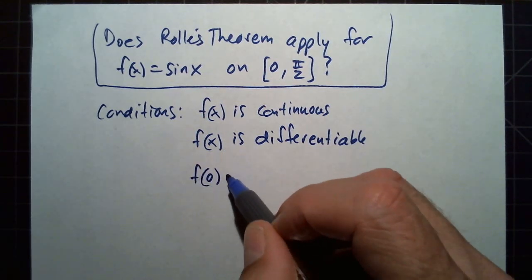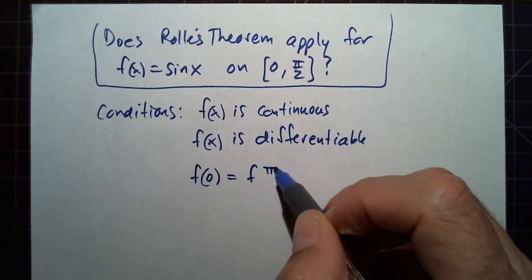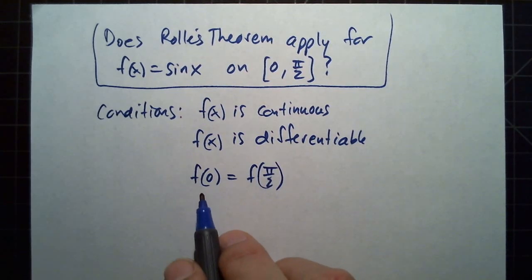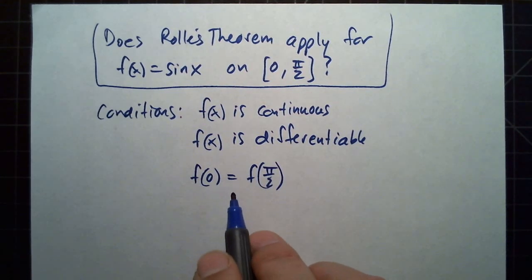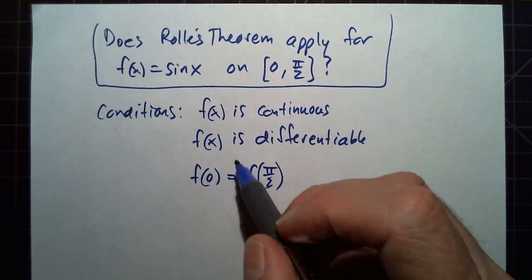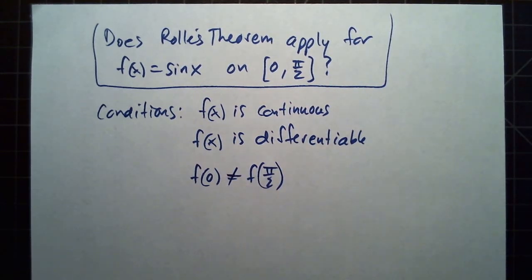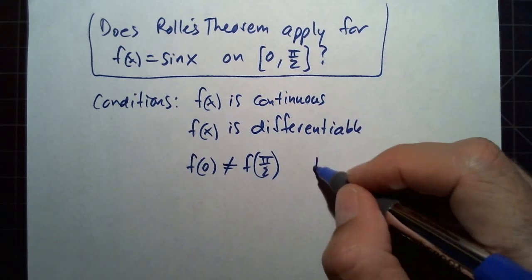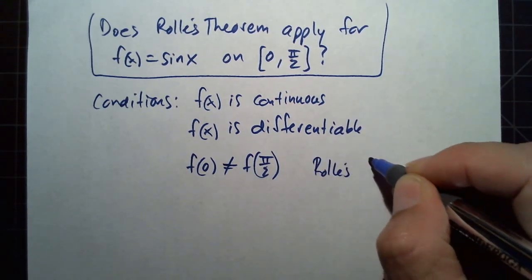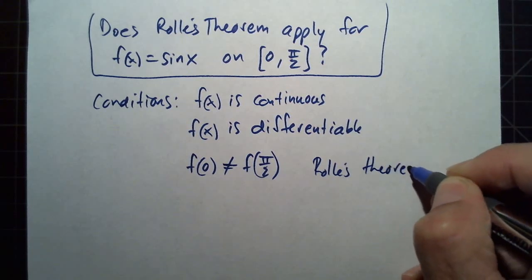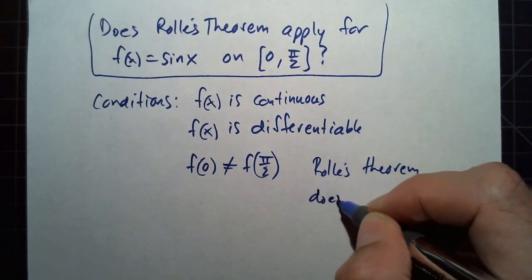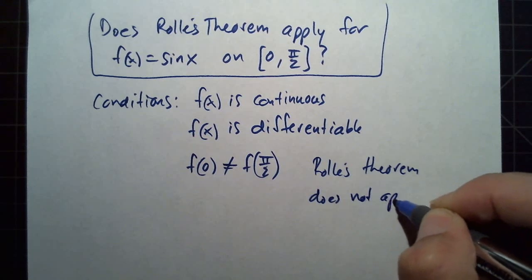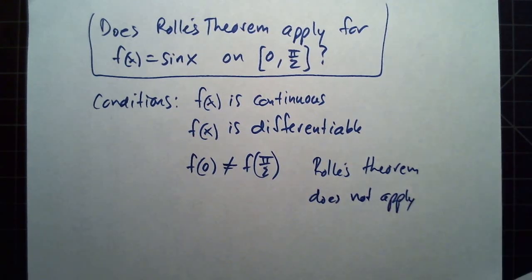F of 0 is equal to f of pi over 2. Sine of 0 is 0. Sine of pi over 2 is 1. So that condition is not met, and we would say Rolle's theorem does not apply.